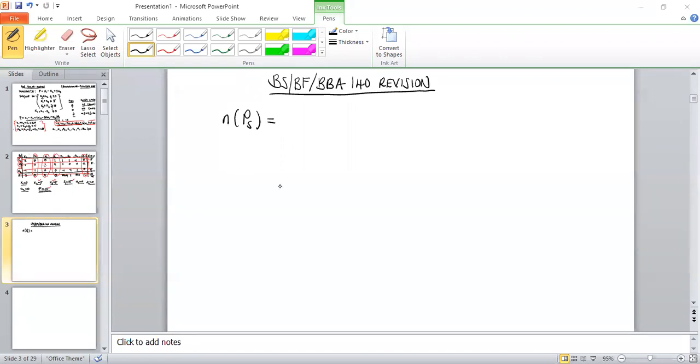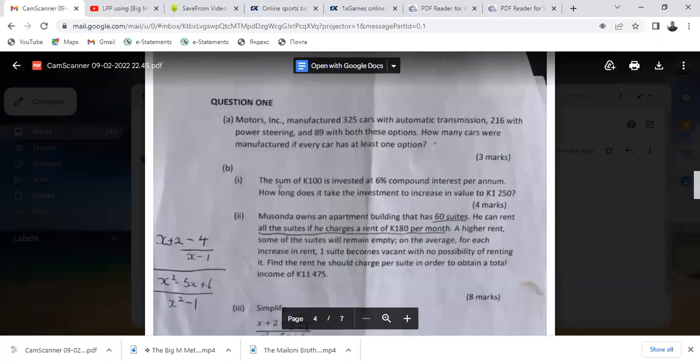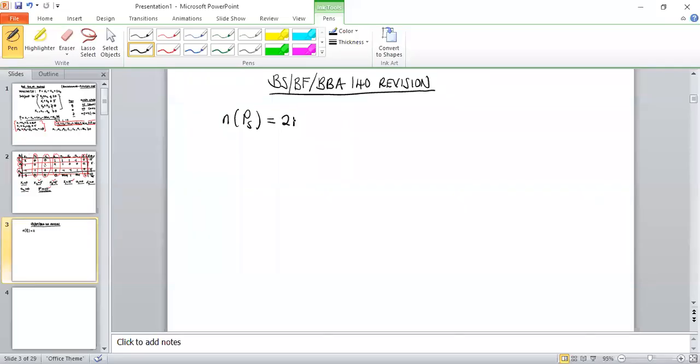They are saying manufactured power steering 216, 325 with automatic transmission, and those that had both, power steering intersection automatic transmission, there were 89.